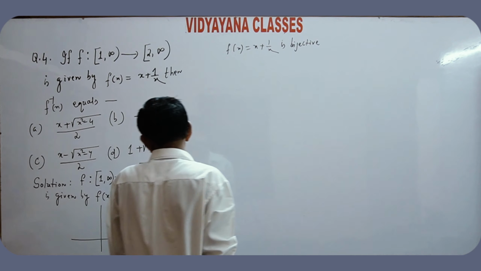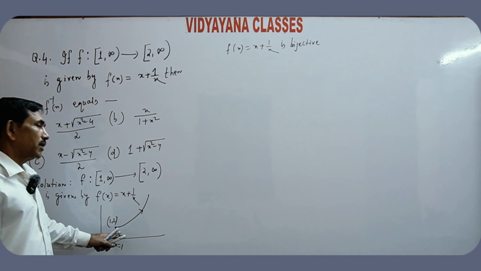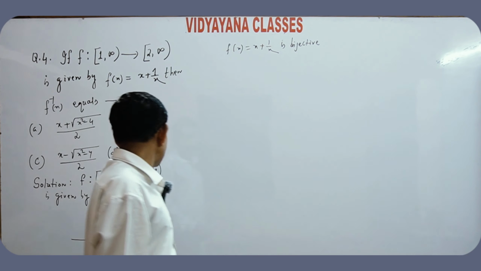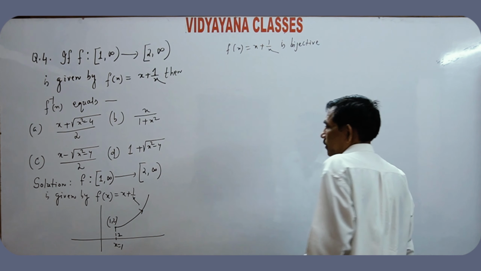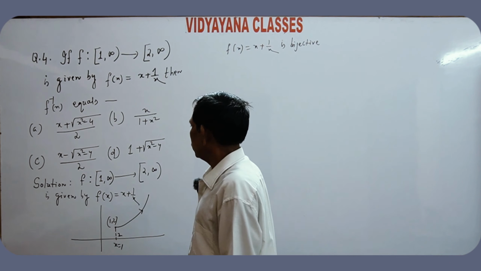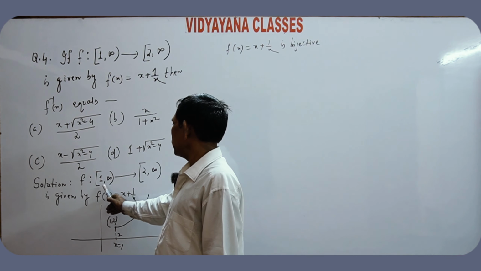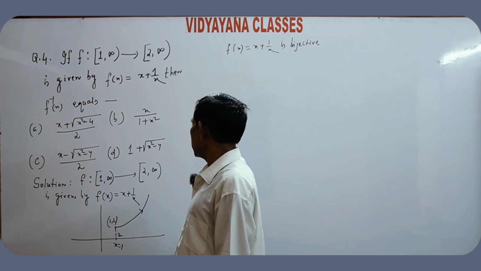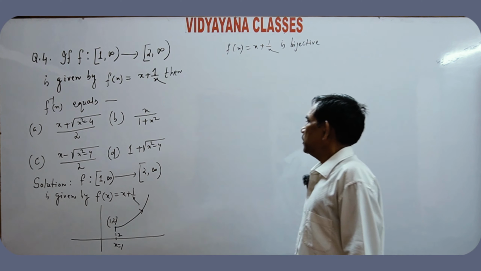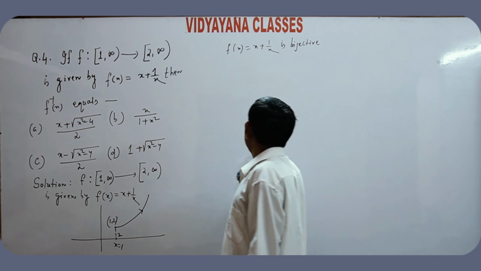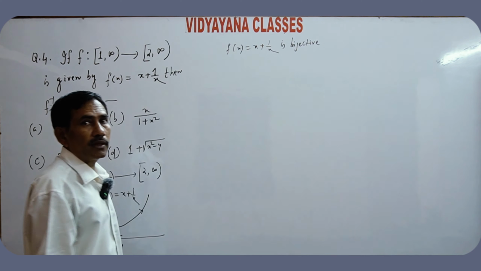Since it is an increasing function, and every increasing function is one-one, the function is bijective in this interval. f: [1, infinity) → [2, infinity) is bijective. Every bijective function is invertible.